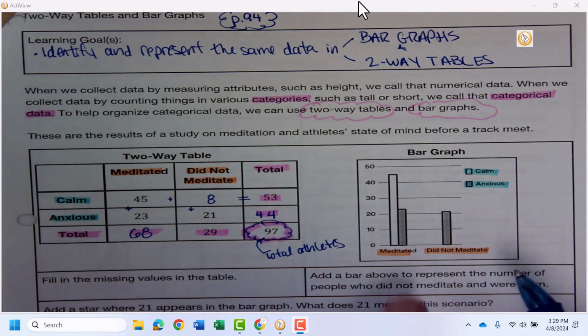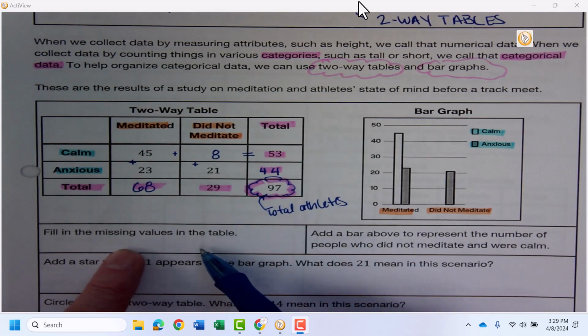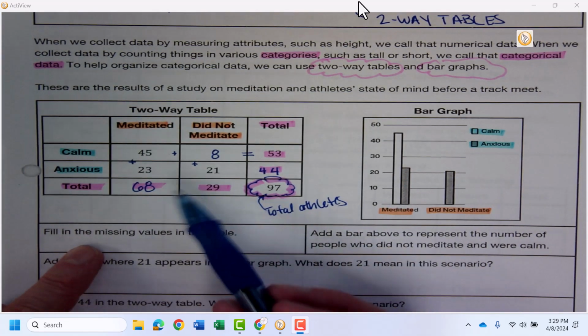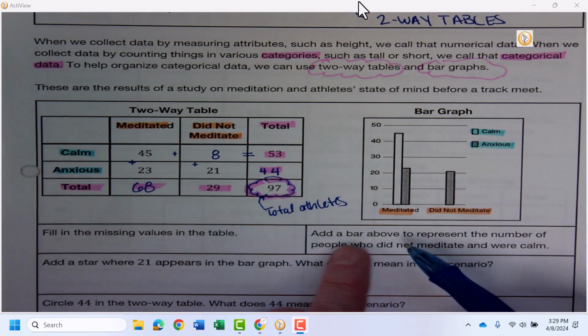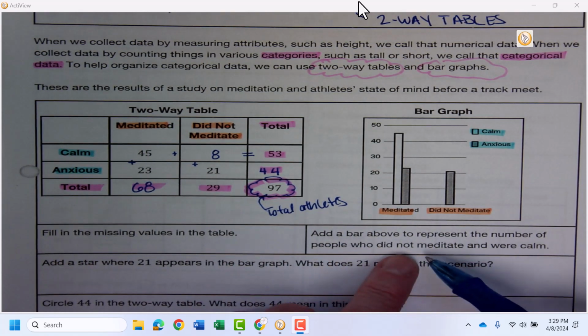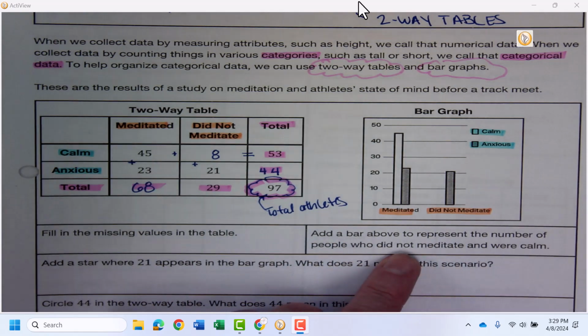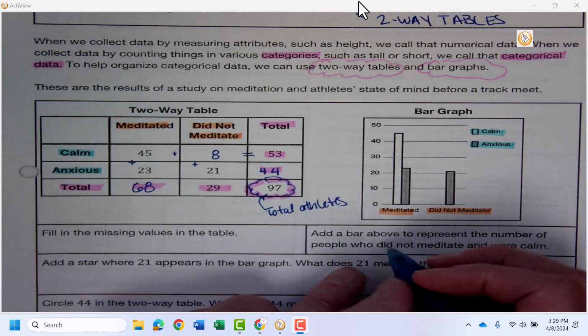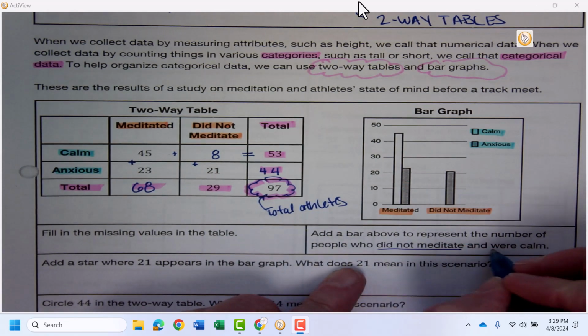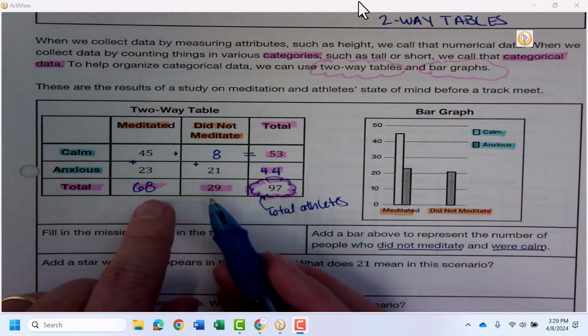So, you know what, we already did this direction here, fill in the missing values in the table. We already talked through that. Here we're asked to add a bar to represent the number of people who did not meditate and were calm. Now this information comes from our table.